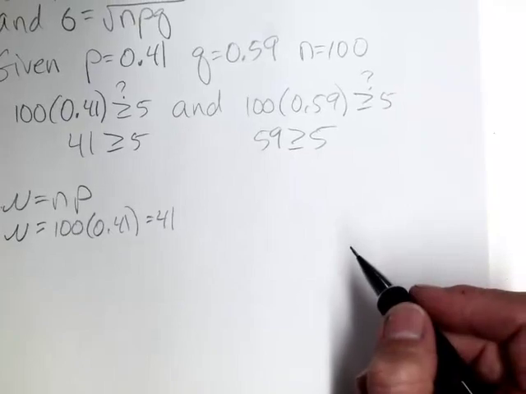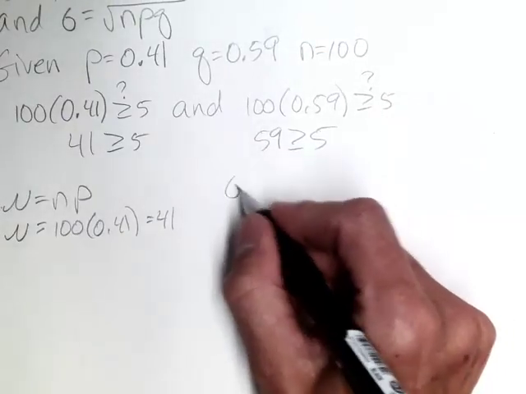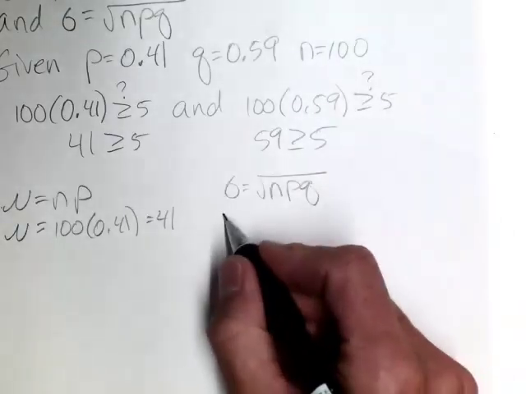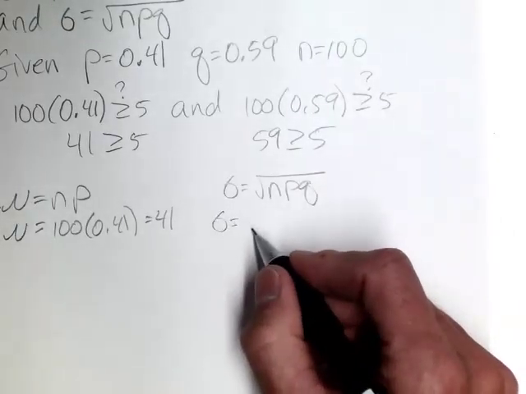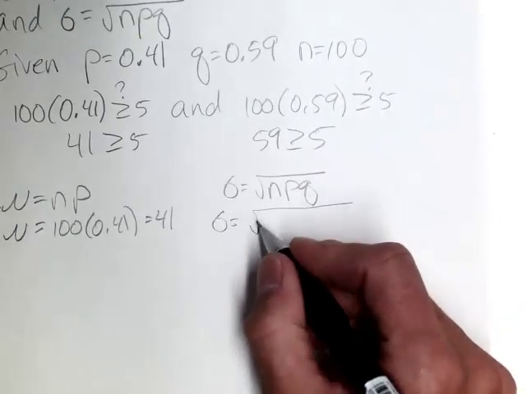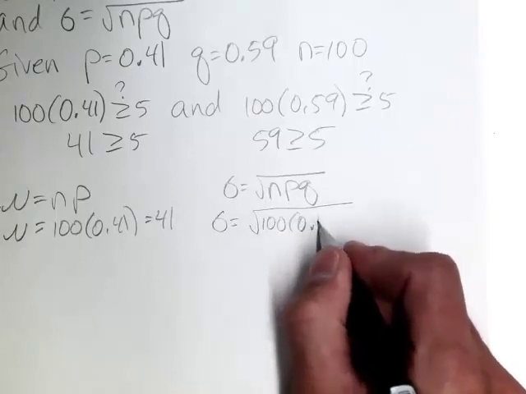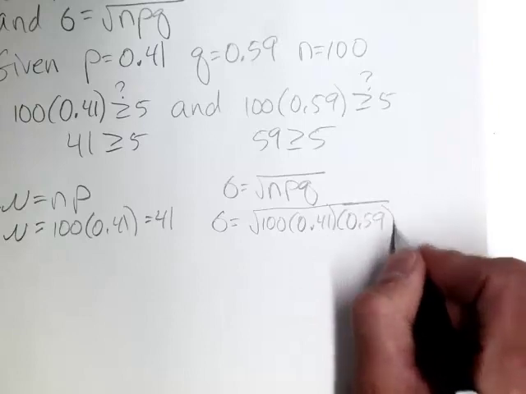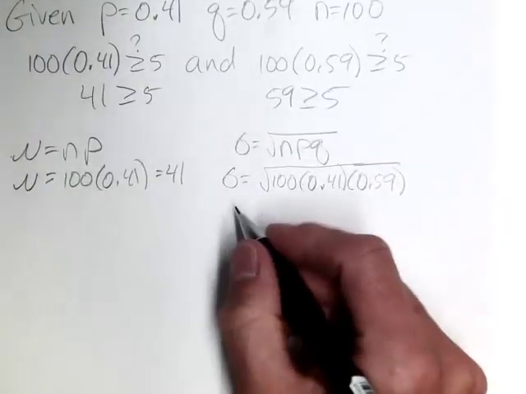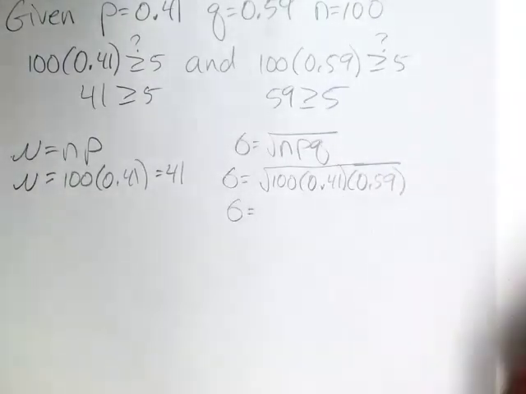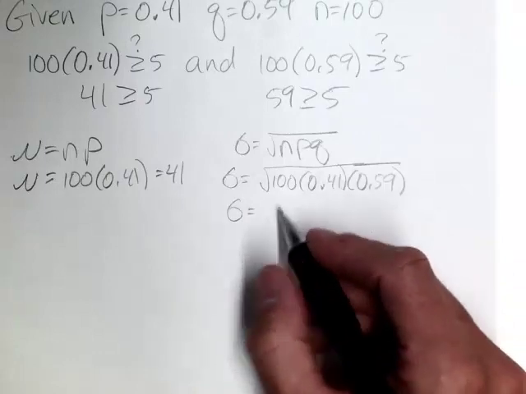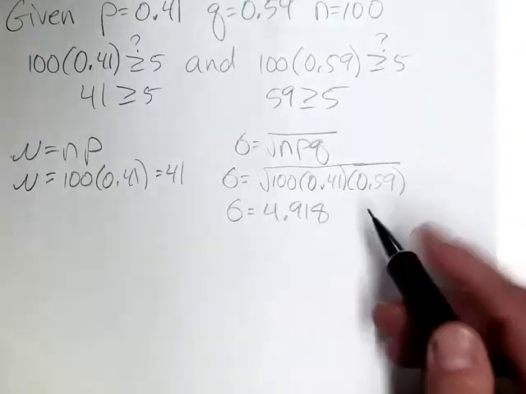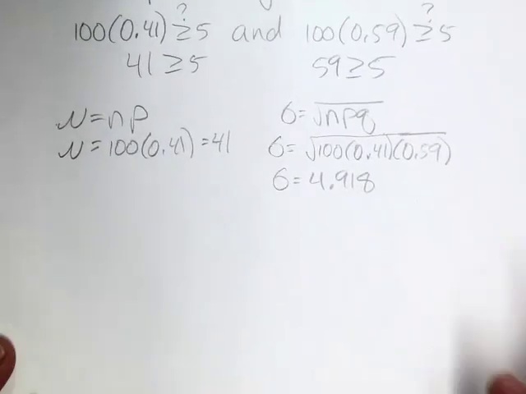And sigma is equal to the square root of n times p times q, so sigma will be equal to the square root of 100 times 0.41 times 0.59, all under the radical. If you're playing along with your calculator, that's approximately 4.918. I went ahead and rounded to 3 decimal places.